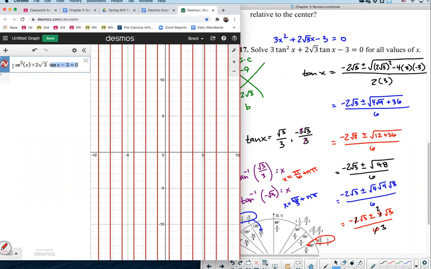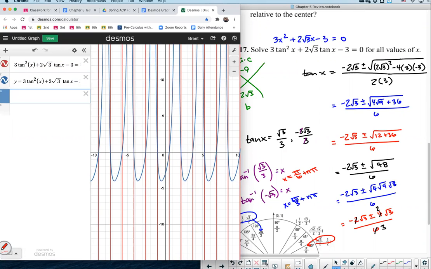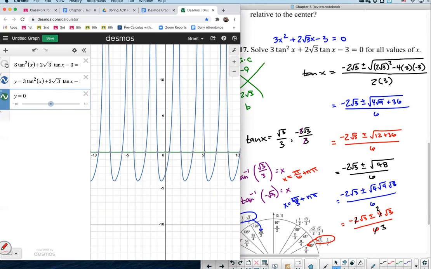So I first type in the graph as it is, and then I'm going to type in y equals and just put the left side of the equation, and then y equals the right side, which is 0. The intersections of the graph should be the solutions or the red lines.